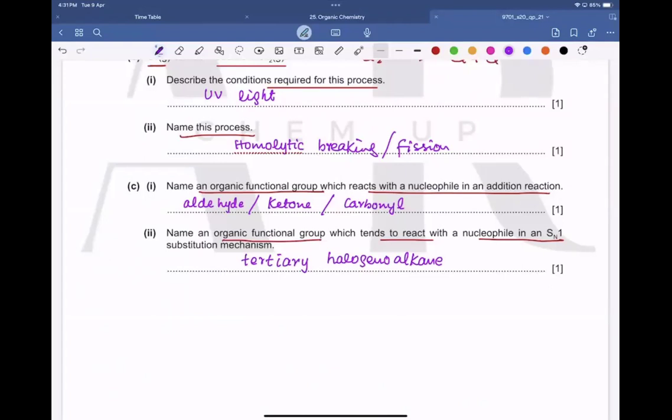For example, if the examiner asks you, name the organic functional group which tends to react with a nucleophile by nucleophilic substitution mechanism, because there are two types of nucleophilic substitution, SN1 and SN2, we just write halogenoalkane, then halogenoalkane would be considered a correct answer. But see, they have specified the mechanism, that it's not just a nucleophilic substitution, it's an SN1 nucleophilic substitution.